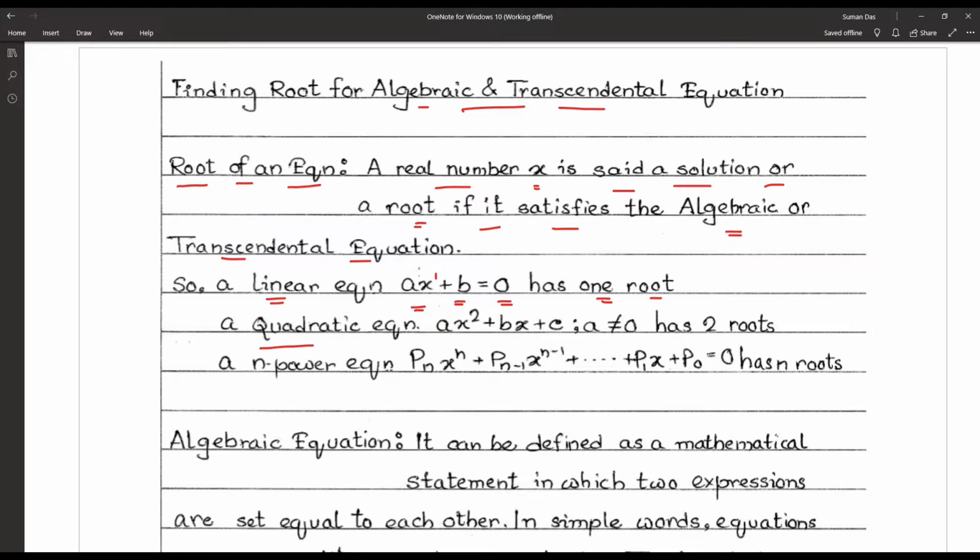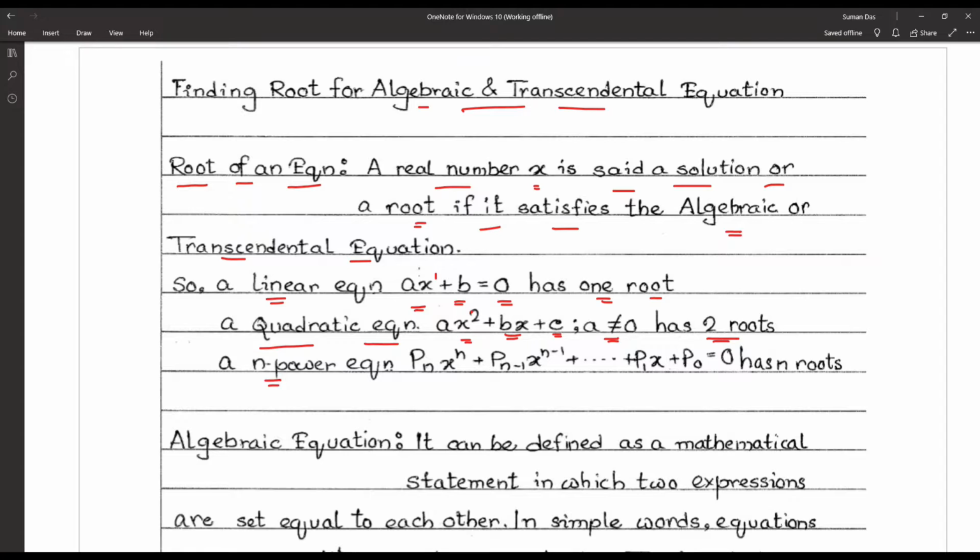Suppose a quadratic equation ax square plus bx plus c where a is not equal to 0 has two roots because the variable x has the power 2.